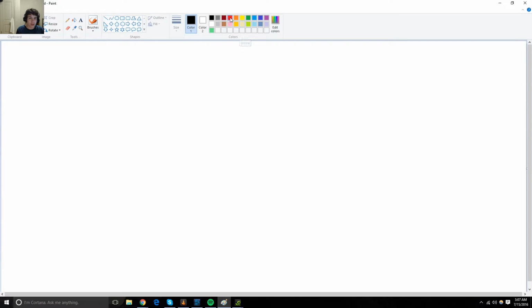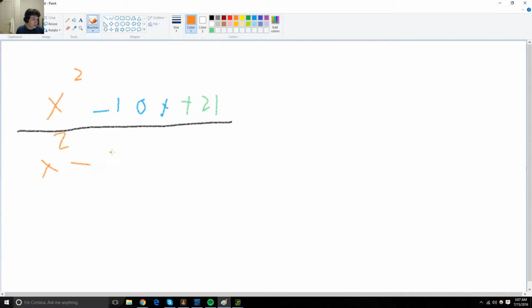So, we have x squared minus 10x plus 21, and these colors are for like terms, over x squared minus 9, and this green is a custom color I made.